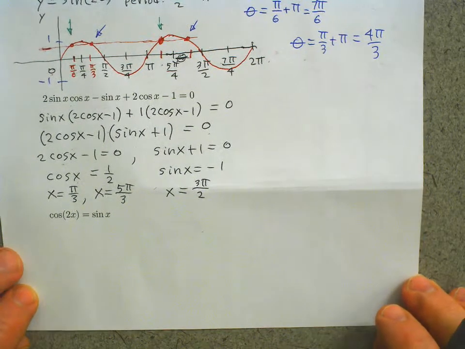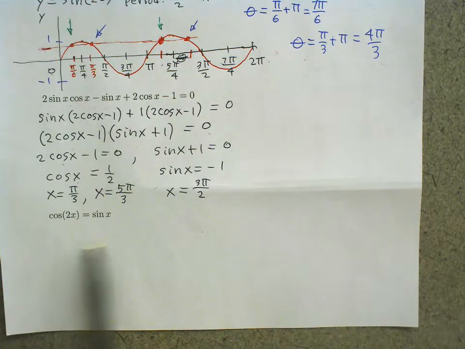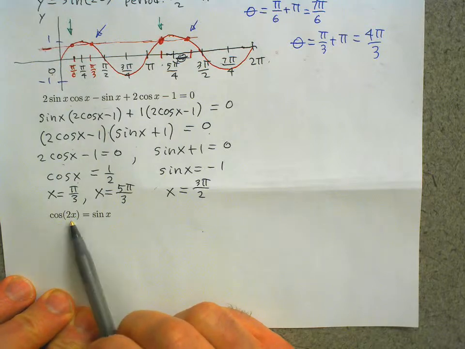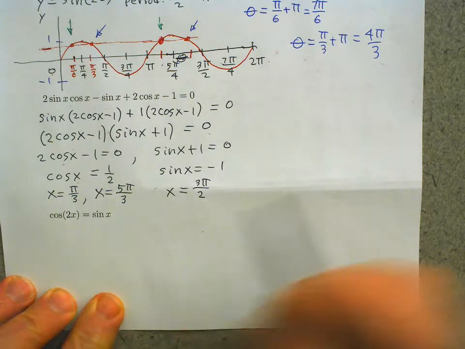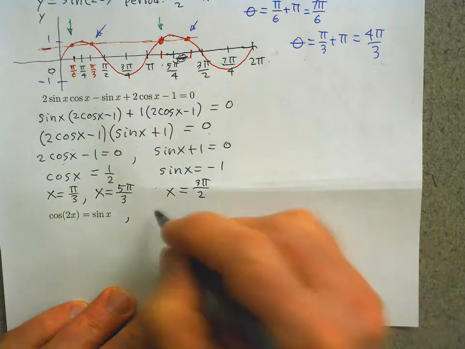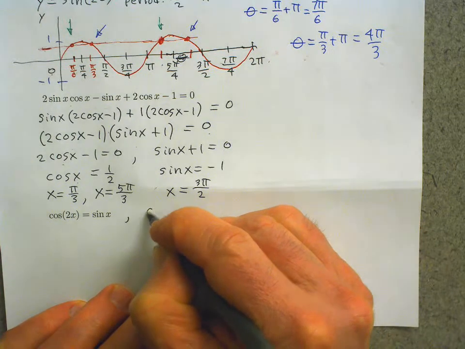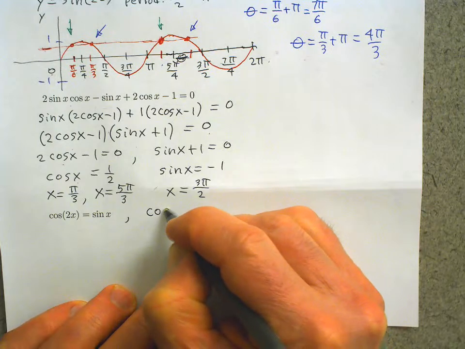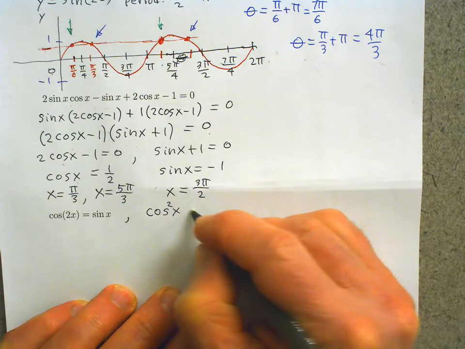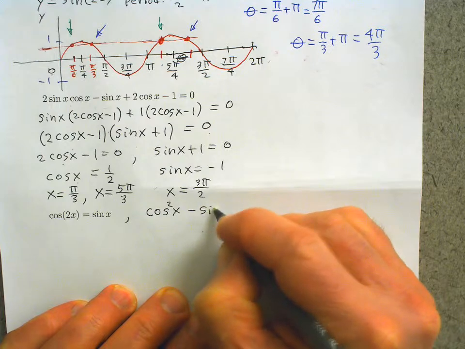Okay, in the next example, cosine of 2x equals sine of x. Well, here we can use a double angle formula for cosine of 2x. So cosine of 2x, the most basic of the double angle formulas, is cosine of x squared minus sine of x squared.